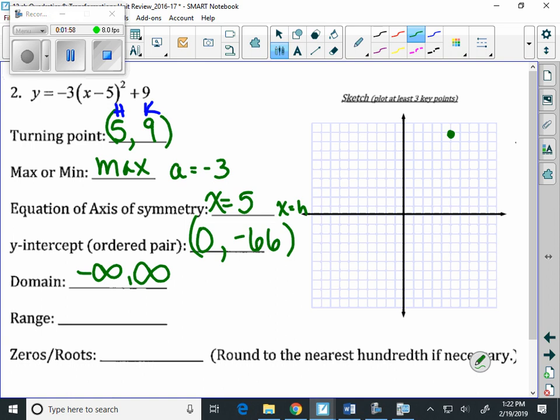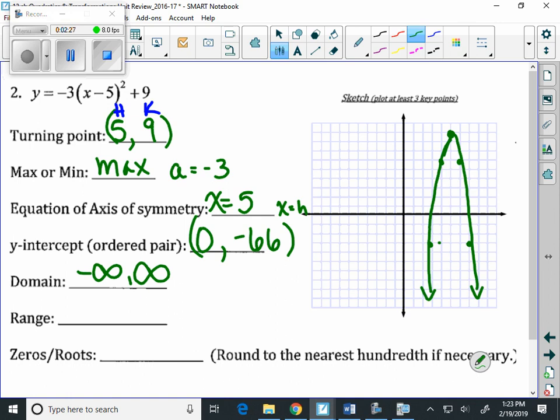And then we can go 1 to the right and 3 down. And then to the right 12. You could type this one in your calculator. But here's a rough sketch of the picture.